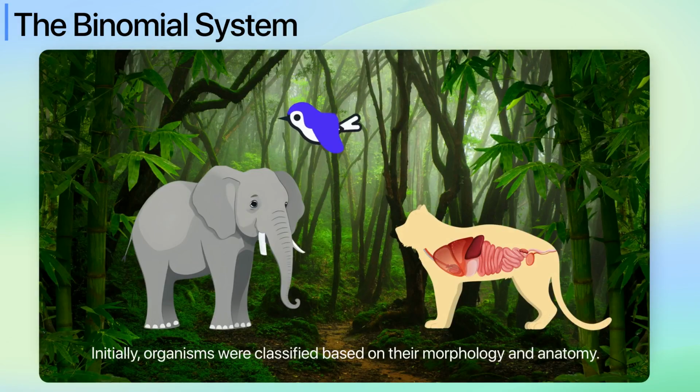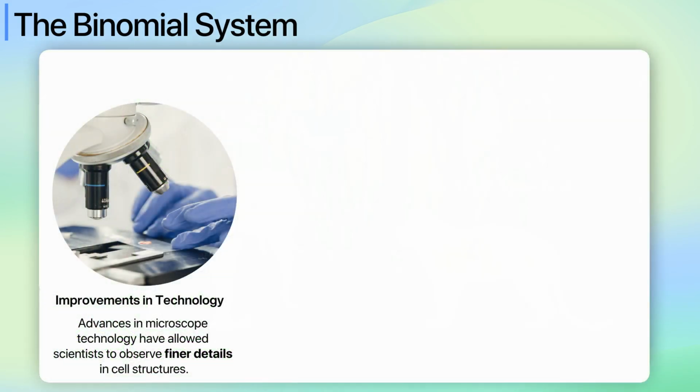Initially, organisms were classified based on their morphology, physical form, and anatomy, internal structure. However, as our understanding of the biological sciences has grown, so too has the complexity and accuracy of our classification systems. Advances in microscope technology have allowed scientists to observe finer details in cell structures.